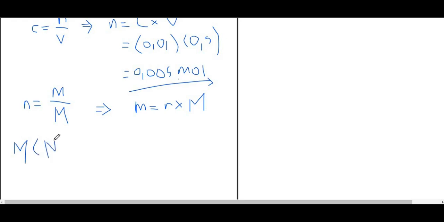In the first video I did on the series on quantitative aspects of chemical change, I've shown you how to calculate the molar mass of a compound. So if you don't know how to do this, please go firstly watch that video. It will explain quite clearly how to determine molar mass, and the molar mass of this is going to be a value around 58.45. That's 58.45 grams per mole.